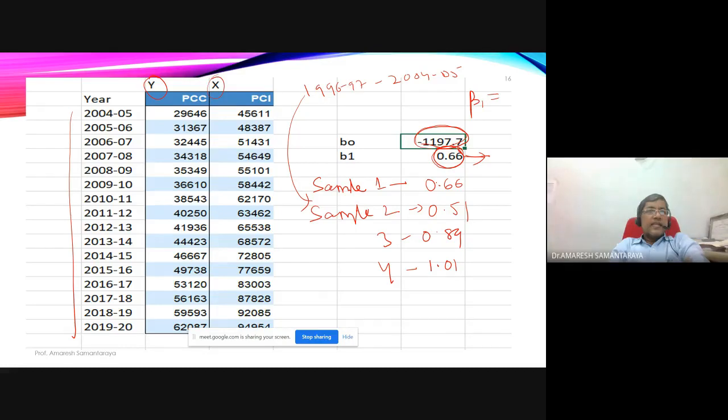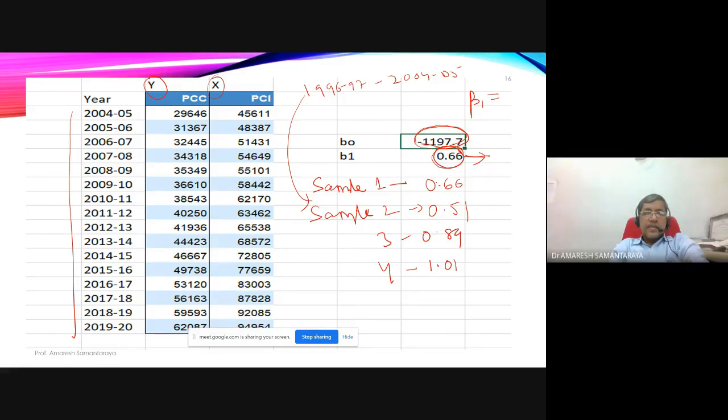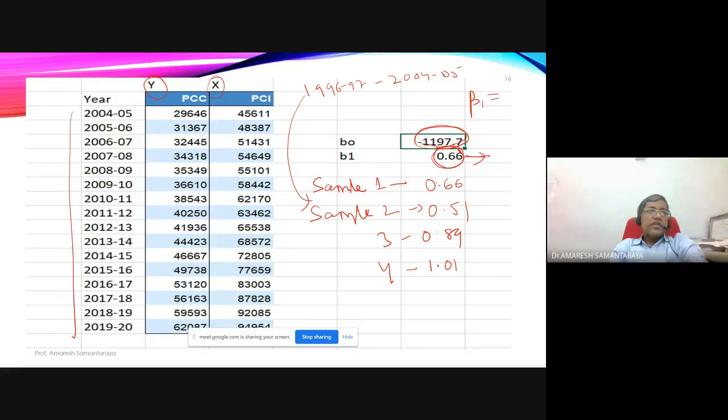See, why is the concept of unbiasedness coming here? No, the answer is correct. I want to know whether you understand this. Where is the concept of unbiasedness coming in? We have one number 0.66, right? So how do we relate the property of unbiasedness to 0.66?